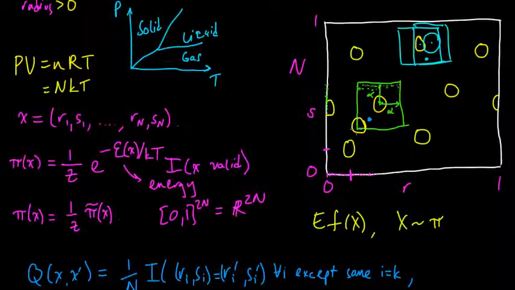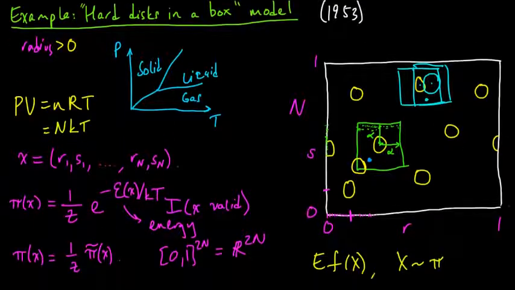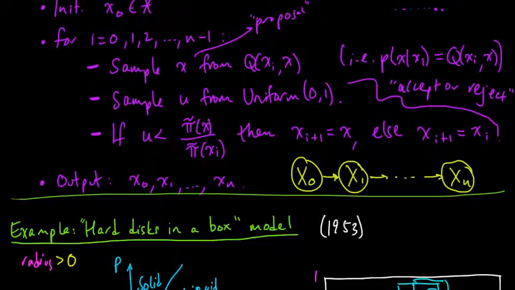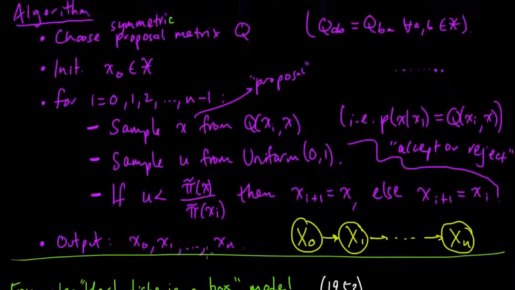You run this little simulation many times, for some n iterations. That's not this little n, this is the number of moles. The number of iterations. And that gives you your Markov chain, x0 up to xn.